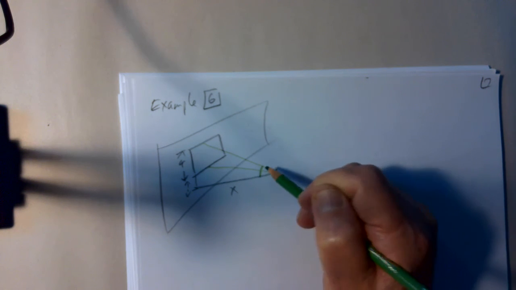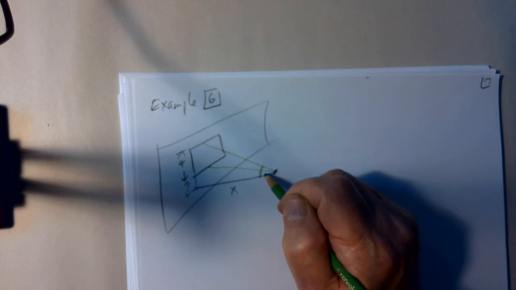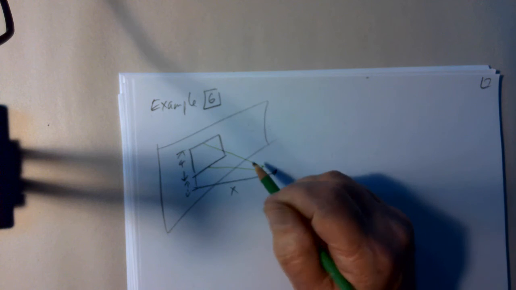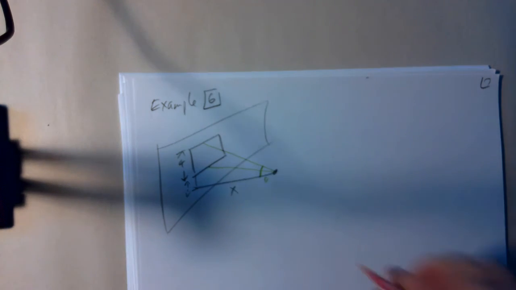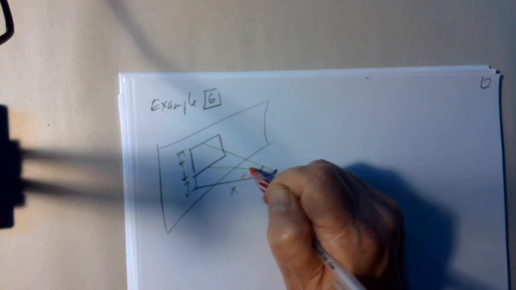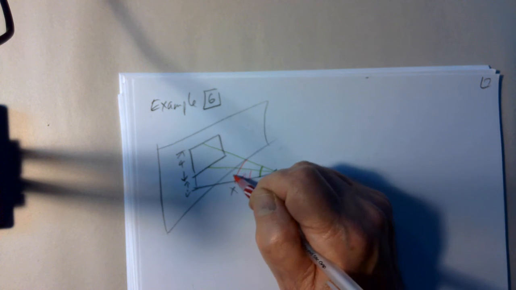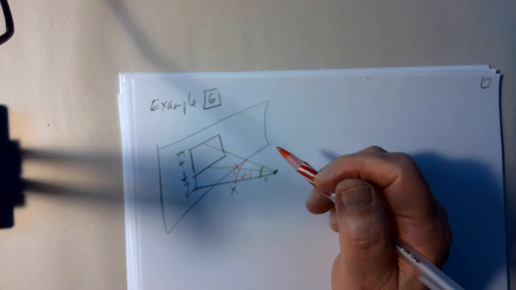This total angle here is some angle theta, but this angle is alpha, and this angle is beta.